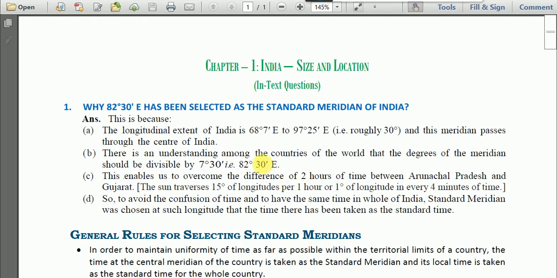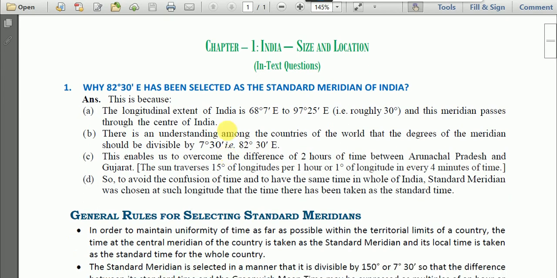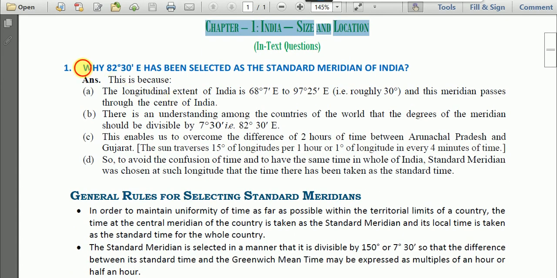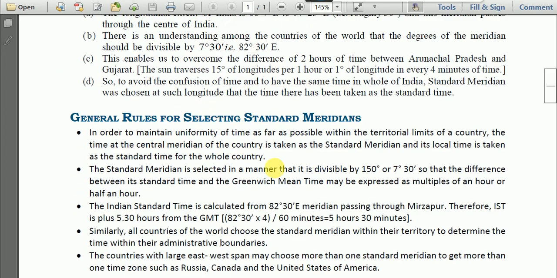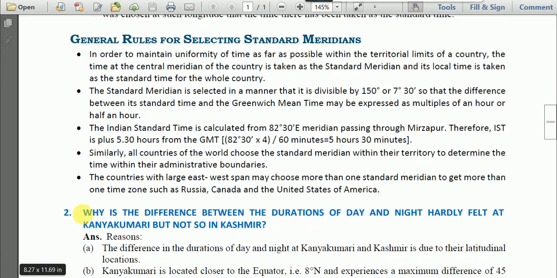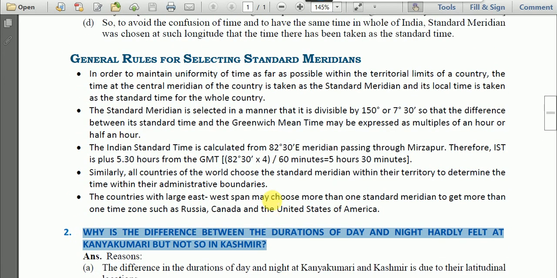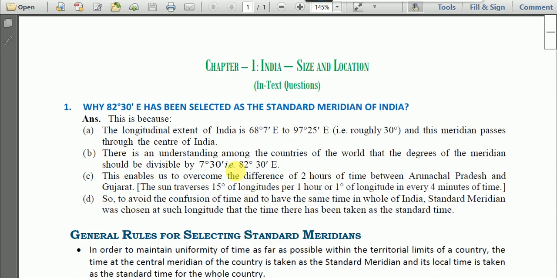So here we have the two in-text questions of your textbook. This is chapter 1, India, Size and Location. These two questions are given in your textbook, so let us read and know about it in detail.